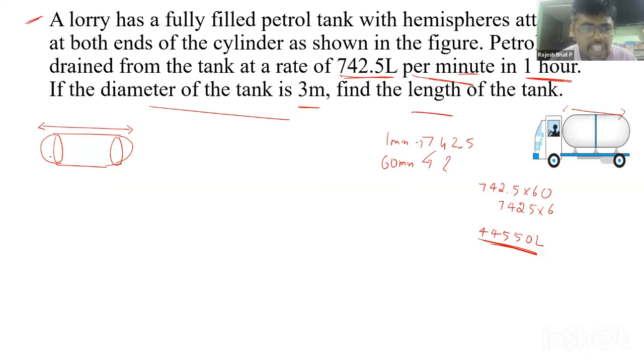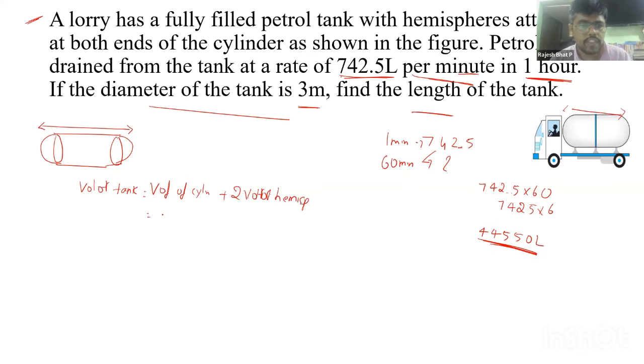What is the total volume of this tank? I will write volume of tank. Volume of tank is equal to volume of cylinder plus 2 volume of hemisphere, 2 hemispheres.